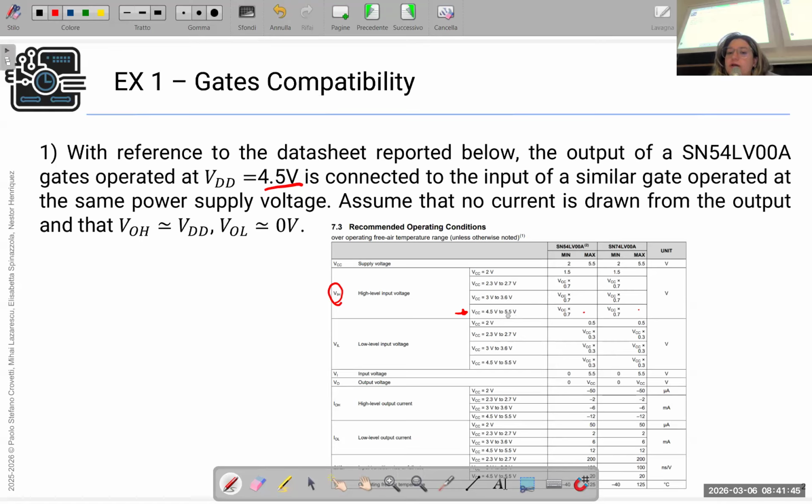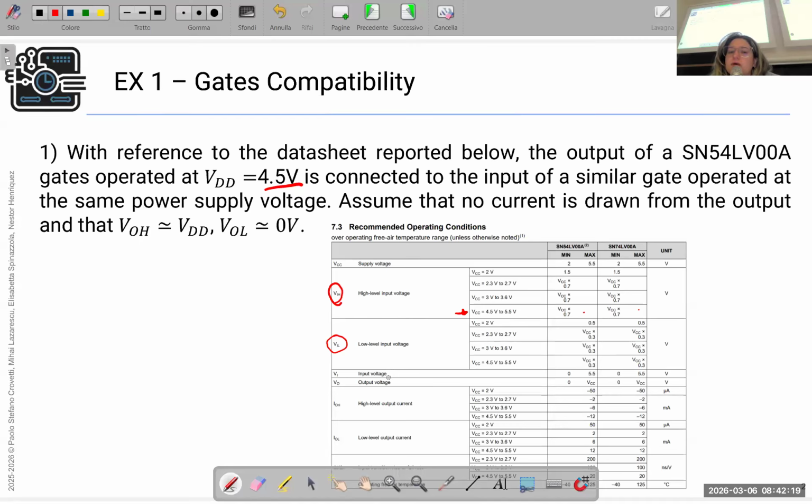If there are values only limited at 5.5 volt, it means that the gates cannot have a power supply voltage higher than 5.5 volt. This is the maximum voltage that the gates can use. The same thing is done for the other characteristics, in this case VIL, VOH, VOL, and so on.